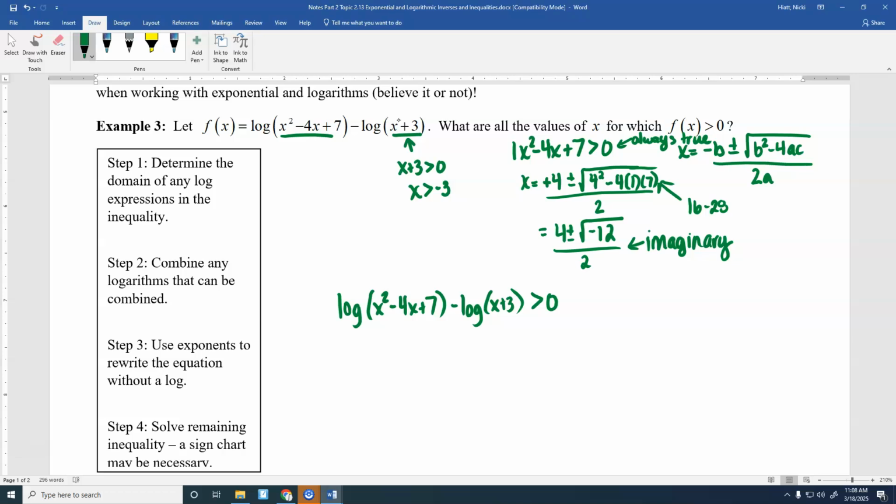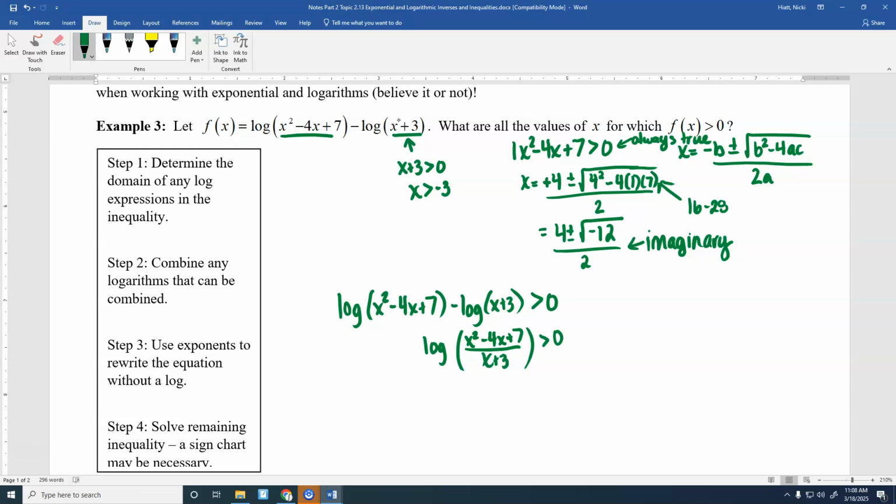And so I'm going to solve this like we've been solving it. I'm going to have log of x squared minus 4x plus 7 over x plus 3 is greater than 0.